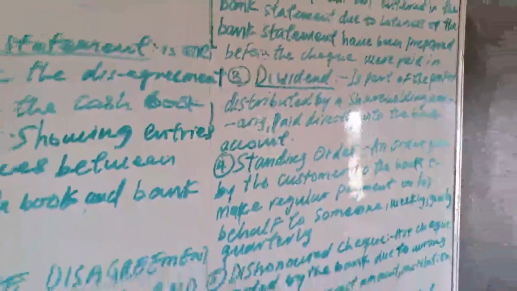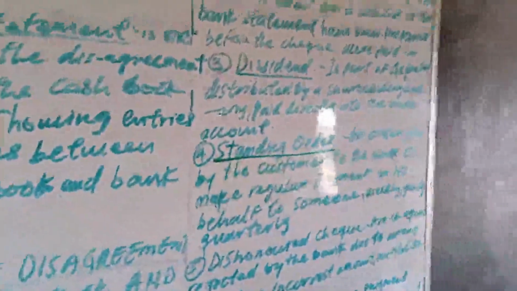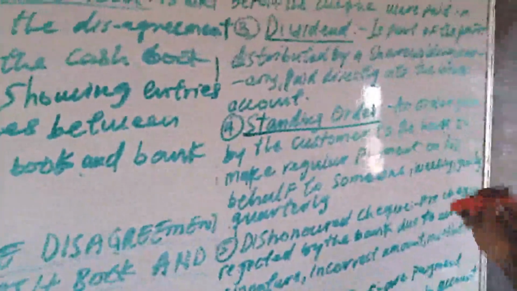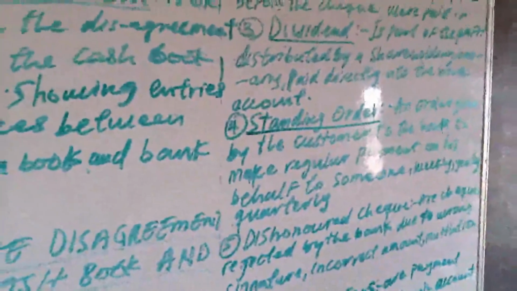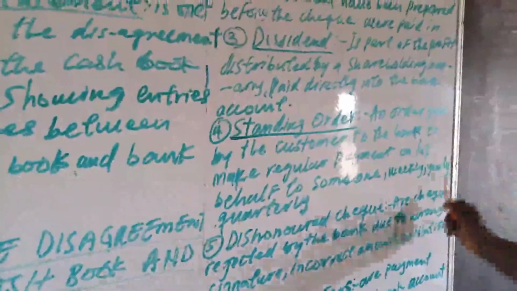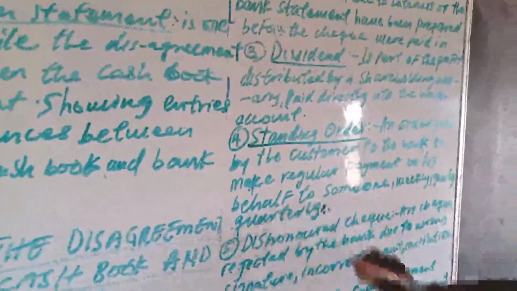Number 4, we have standing order. This is an express order given by the customer to the bank to make regular payment on his behalf to someone, either weekly, quarterly, or yearly.